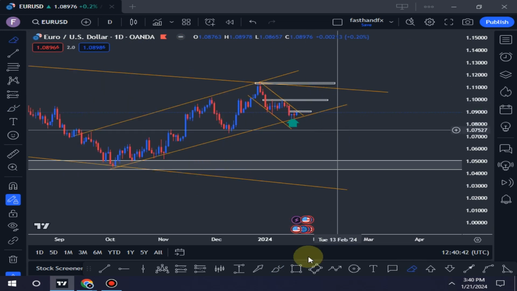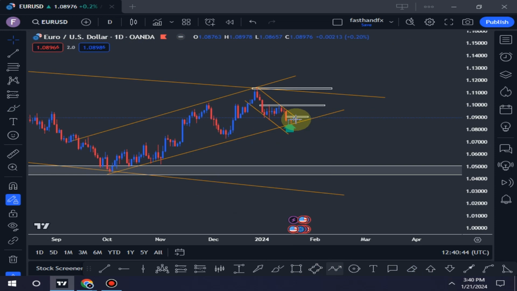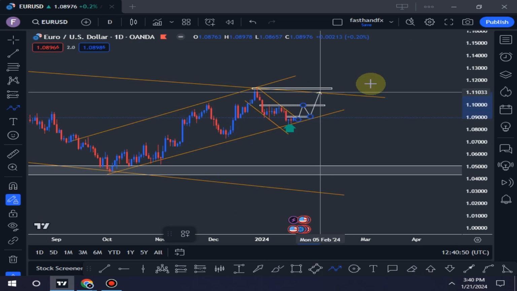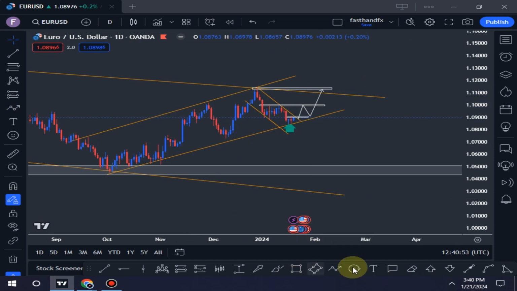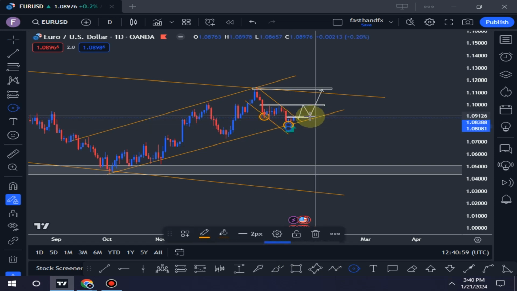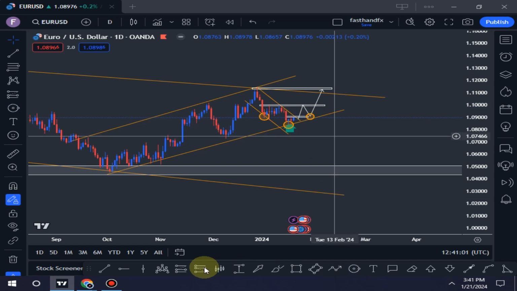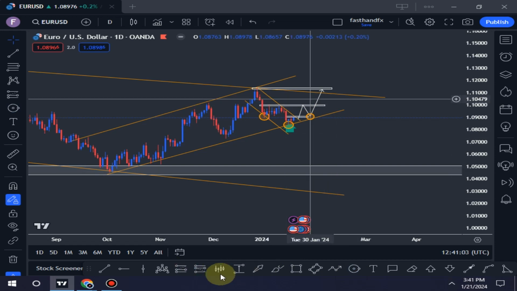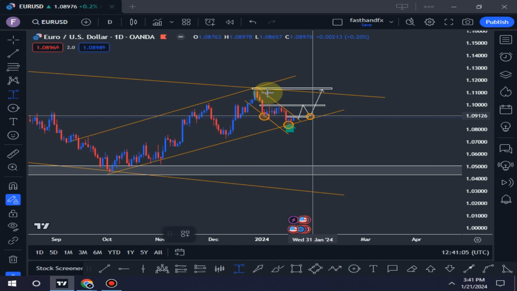So we might get this type of reaction. Price hits this level, then comes back. I hope you guys are seeing that inverse head and shoulder right there. This is the left shoulder, then this might be the head, and yes, this is the right shoulder. So if that's the case, then our anticipation is right, targeting this level is right.